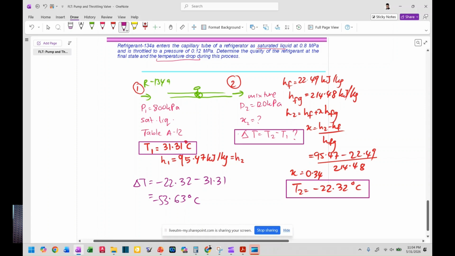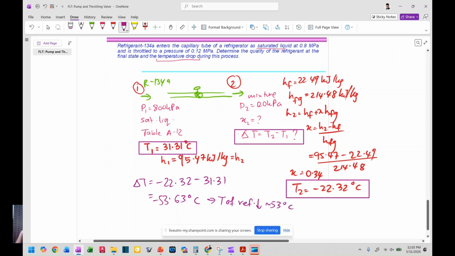So you will have a temperature difference of negative 53.63. That means the temperature of the refrigerant has dropped by 53 degrees approximately, right? That is really, really cold. So the temperature of the refrigerant has dropped by 53 degrees Celsius, right?